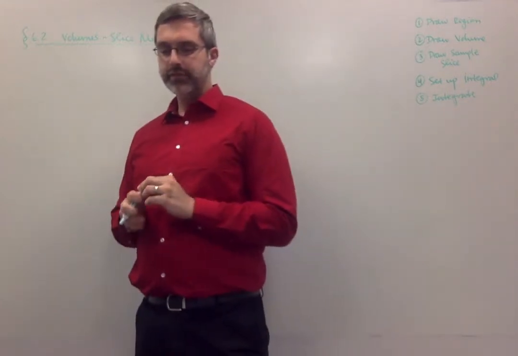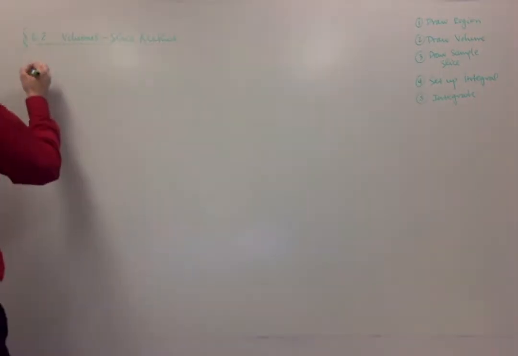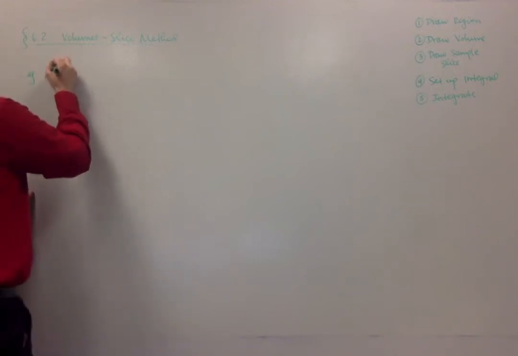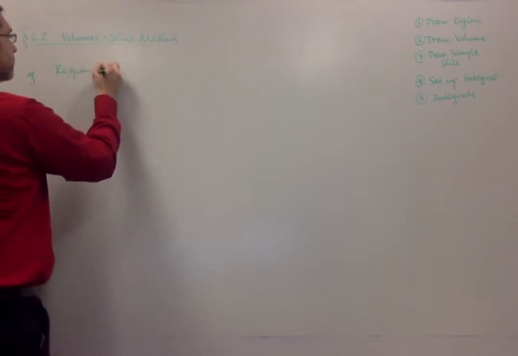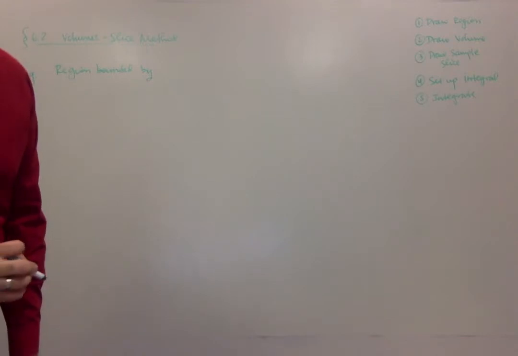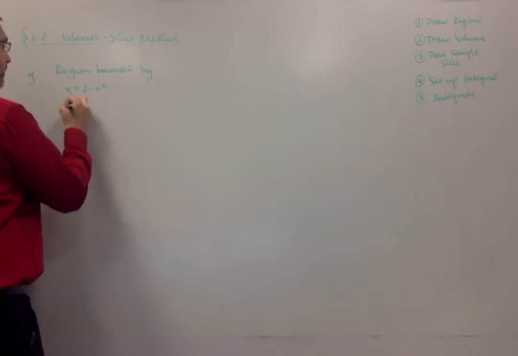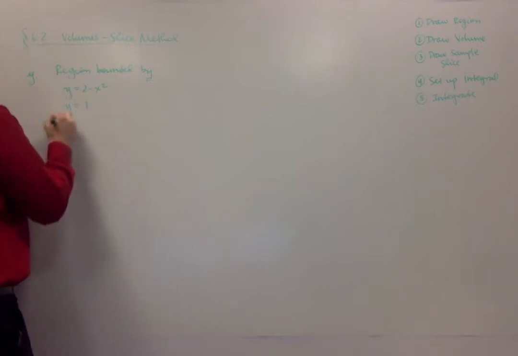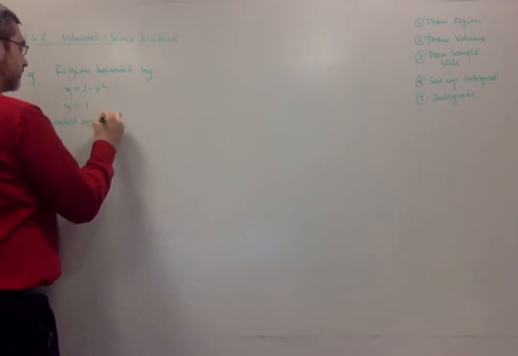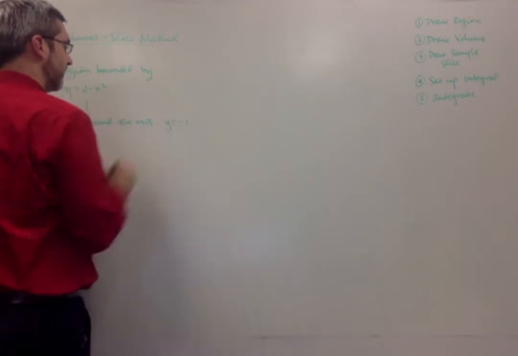So just to review, let's do one more slice method problem here. Let's take the region bounded by the functions y equals 2 minus x squared and y equals 1, and we're going to rotate that around the axis y equals -1.